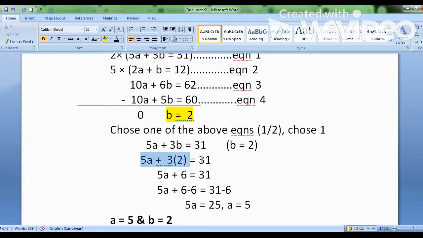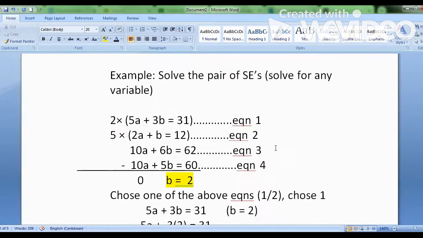The question says to choose one of the above equations, 1 or 2. So if you look at equation 1, we're going to choose equation 1. If you notice, 5A plus 3, I copied the same thing down here.